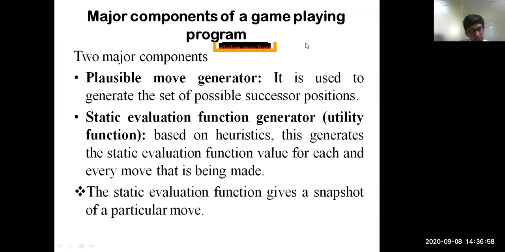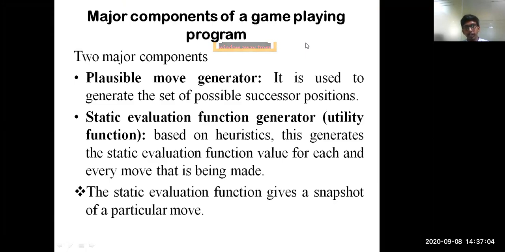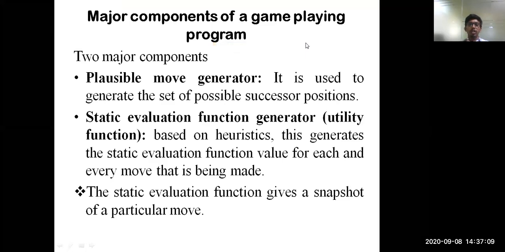Okay, this is something important, guys. You need to have an understanding of the major components of game playing. When I discuss game playing, the basic set of rules, there are two major components. One is the plausible move generator. We have also discussed this with respect to the tic-tac-toe problem. The plausible move generator is used to generate a set of possible successor positions.